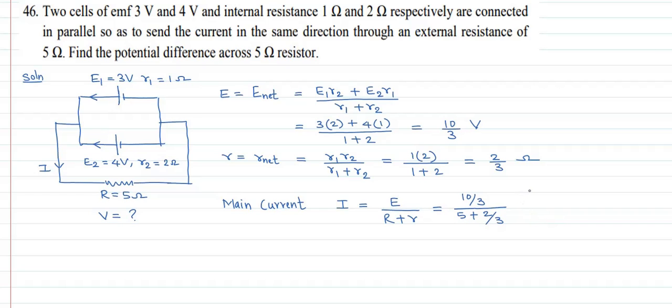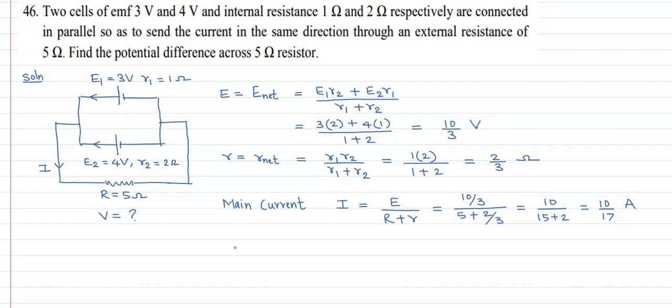Now if you take the LCM, 3 gets cancelled. You will have 10 divided by 15 plus 2, that is nothing but 10 by 17 ampere. So this is current across external resistance.